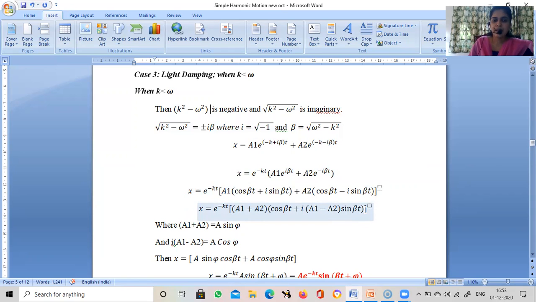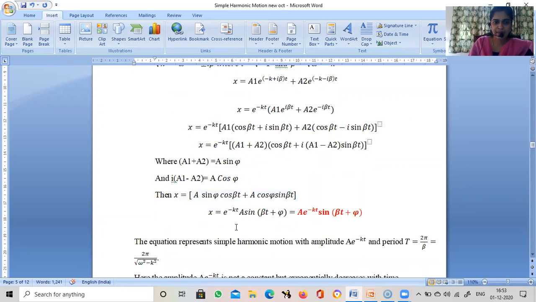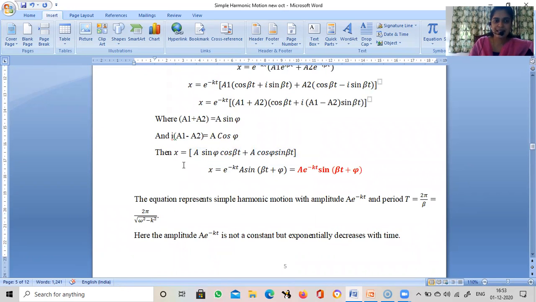Okay, now in the next line, see this, we are putting a1 plus a2 as a sin phi and I into a1 minus a2 as a cos phi. So we can write the solution as x is equal to a sin phi cos beta t plus a cos phi sin beta t.